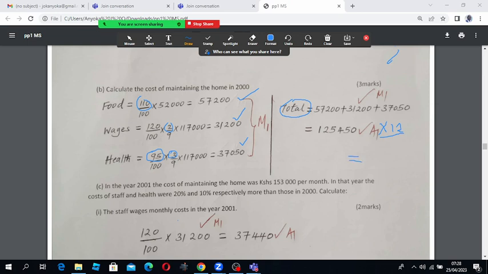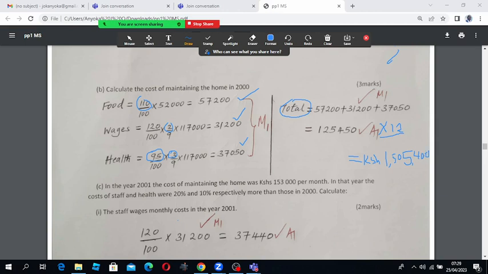What is the figure if we multiply by 12? 1,505,400. Yes.